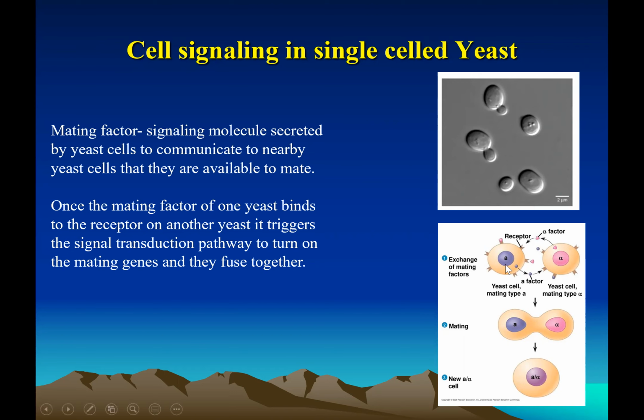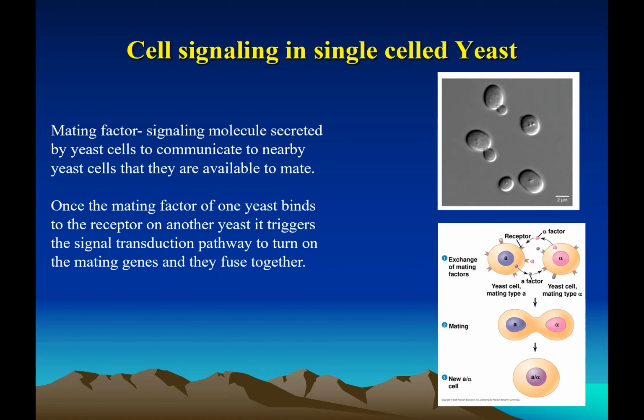There's one cell that can make a mating factor, a chemical called a factor. The other one will make something called alpha. And when they find the receptors on the receiving cell, they will be attracted towards each other. They will grow towards each other and the nucleus will fuse. So this is a type of cell signaling that is unique to yeast. It's called the alpha and the a mating factors.